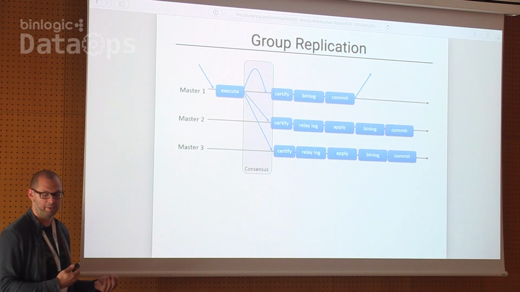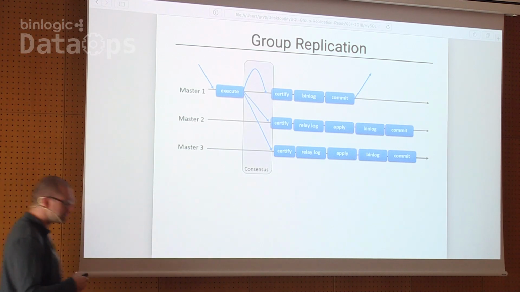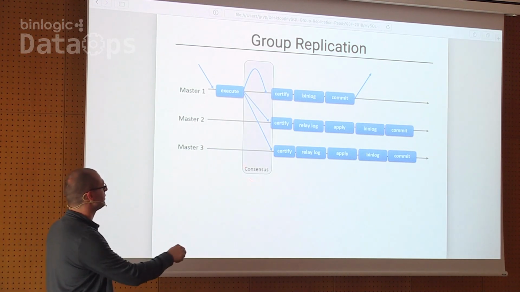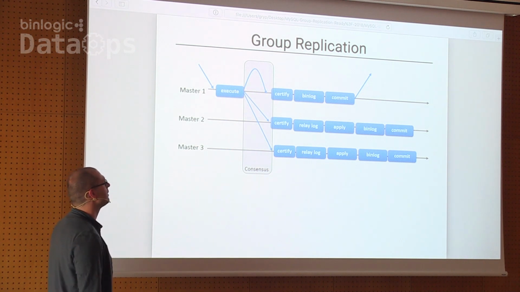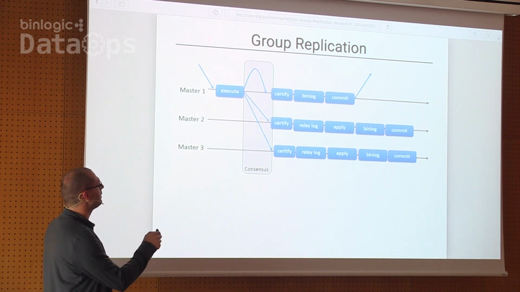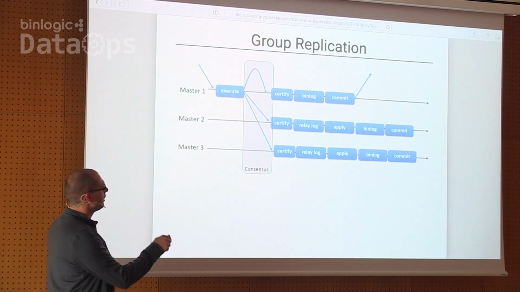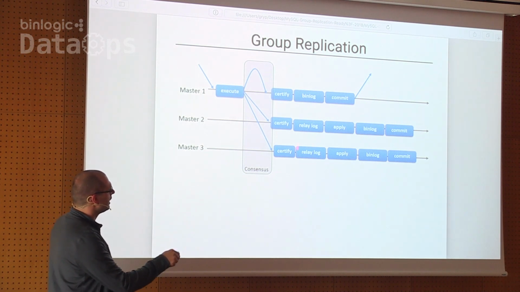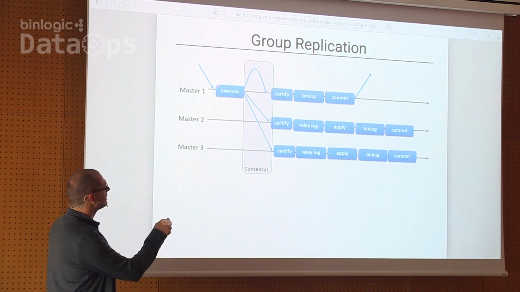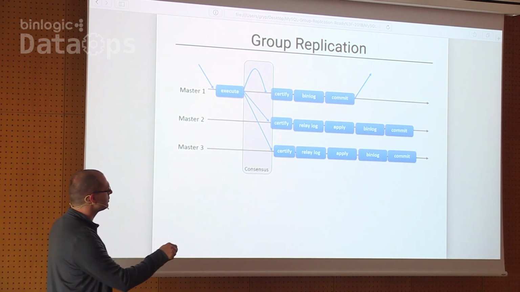Next up is group replication. And this is where Paxos comes in. This consensus is where this is happening. When we commit a transaction, you can see that there are still relay logs and everything, but what happens is it will be shipped to all the nodes.